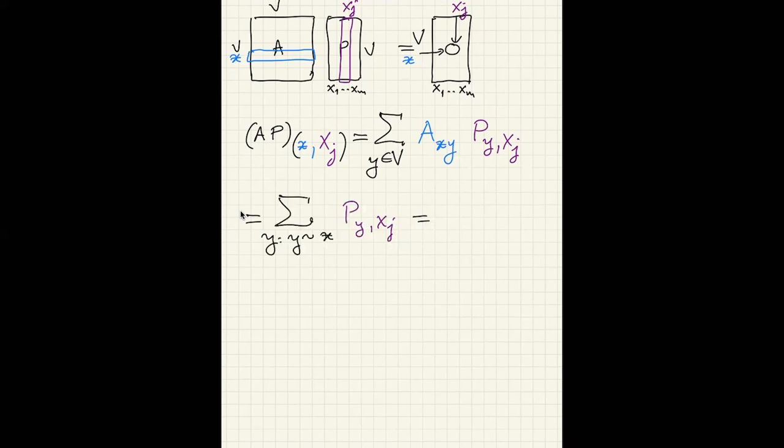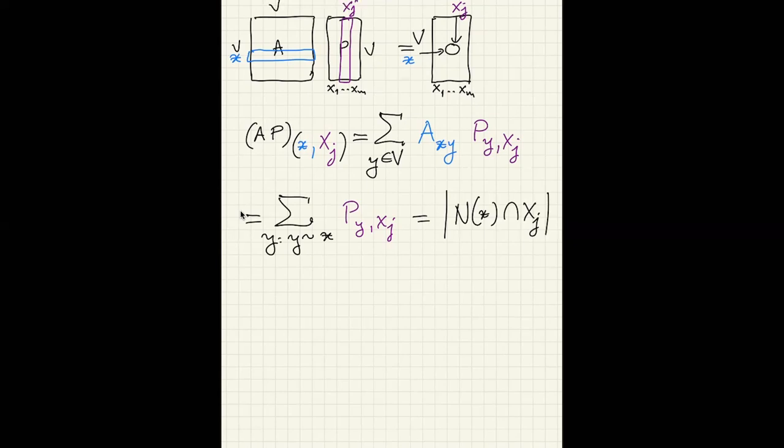P equals 0 if Y is not in the set Xj, but it equals 1 if Y is in the set Xj. So the only Y's that survive are the ones that are inside Xj. So in this summation, what are we counting? We are counting all the neighbors of X that live inside Xj. So this will be the cardinality of the neighborhood of X that is inside Xj.